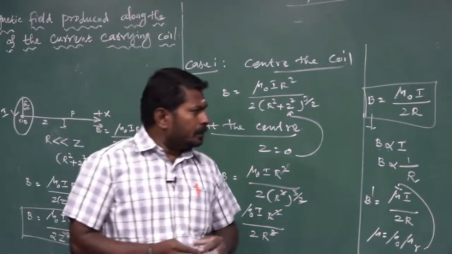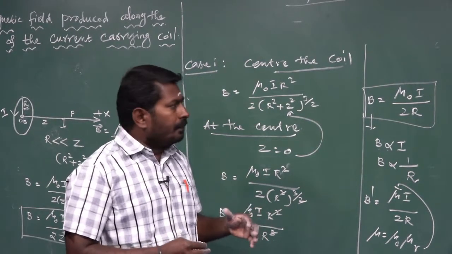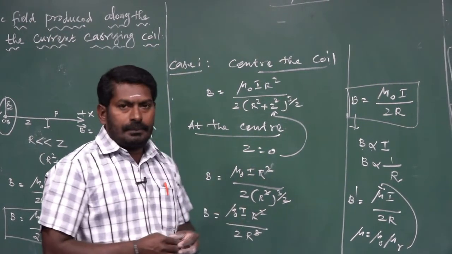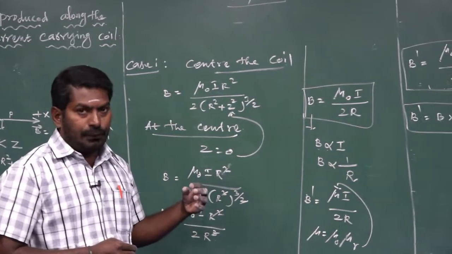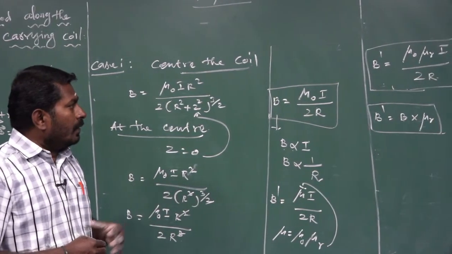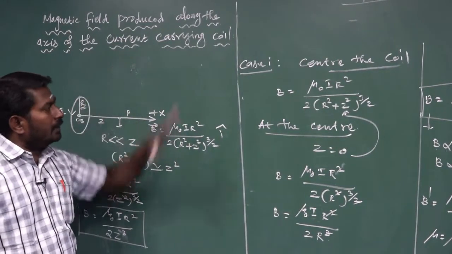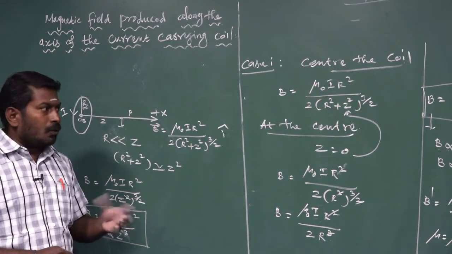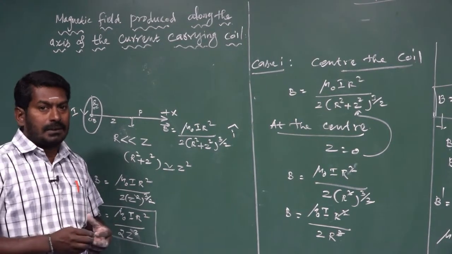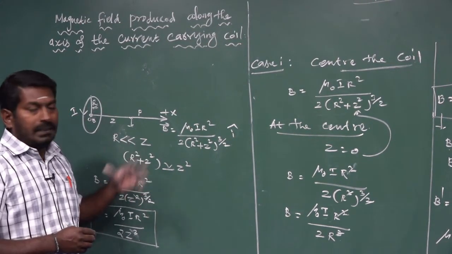So, dear students, today we finished one of the important applications of Biot-Savart law: the magnetic field produced along the axis of the current carrying circular coil. There are two applications in our syllabus based on Biot-Savart law.